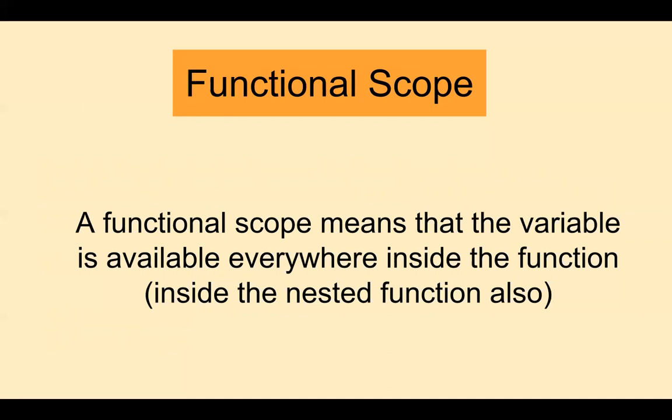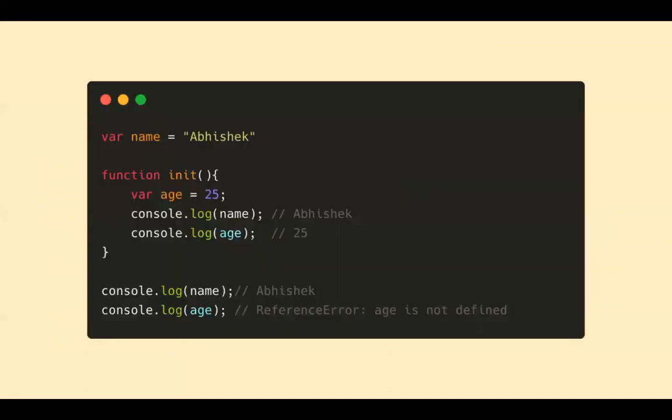So let's look at an example of the same. Variable name is equal to Abhishek. Function init, variable age equal to 25. Console.log name, console.log age. Since the name variable is outside of the function, it is of global scope, it is available everywhere. So if I do console.log name, it will output Abhishek.